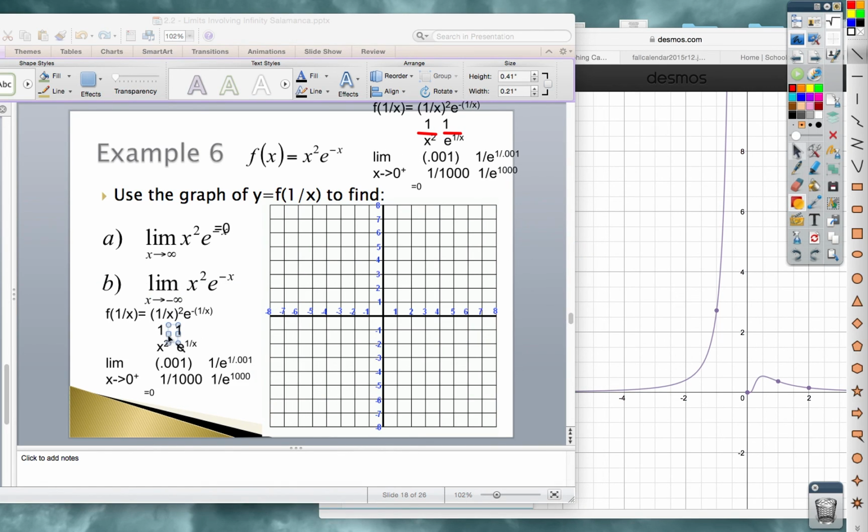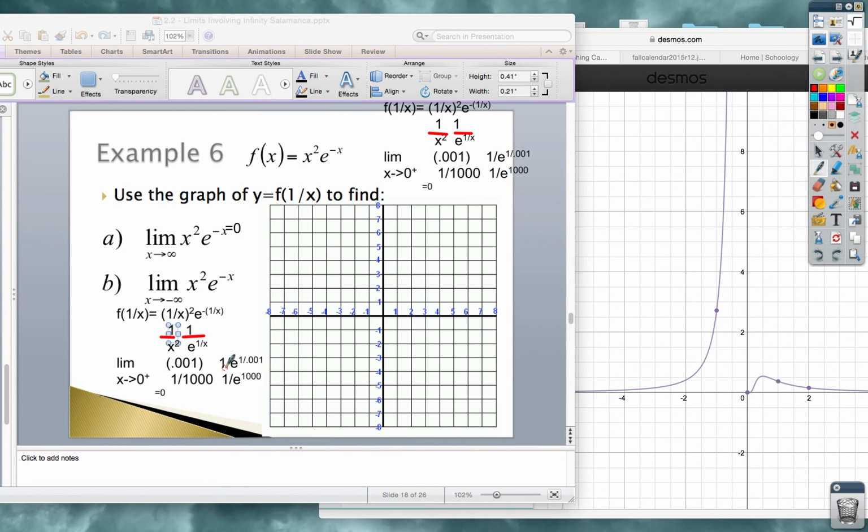So we're going to write our fractions like we had. Remember, we had 1 divided by x, quantity squared, e to the negative 1 divided by x.